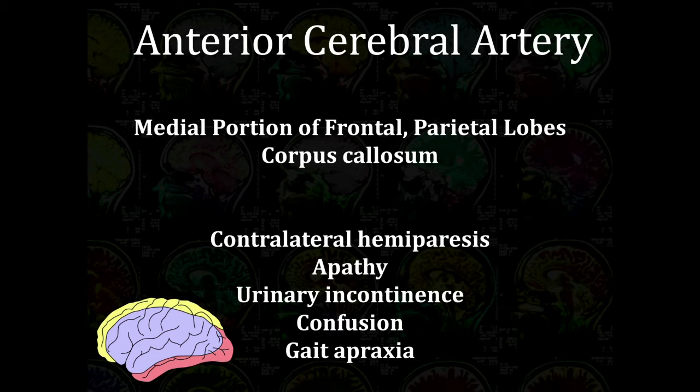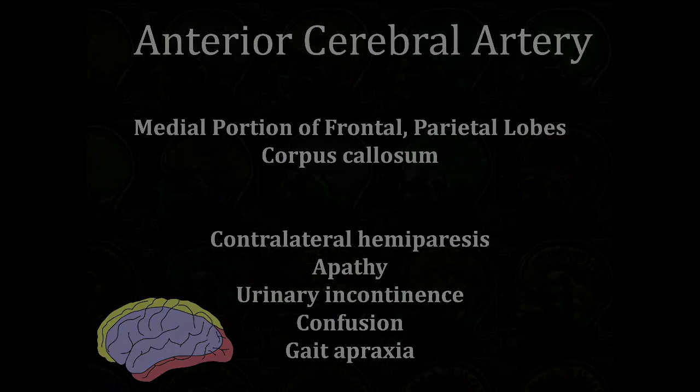And so these patients are going to exhibit multiple clinical symptoms: contralateral paralysis, apathy. They really have a very flat affect, urinary incontinence. They're going to be very confused, and they're going to have what's called gait apraxia, where they just have the inability to have proper gait. They can't stand very well. They may have balance issues, etc.